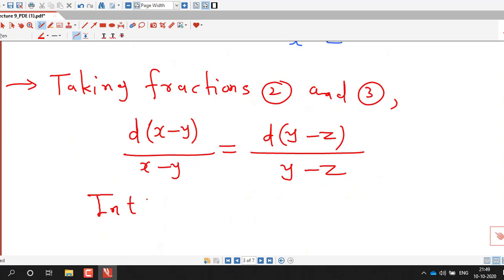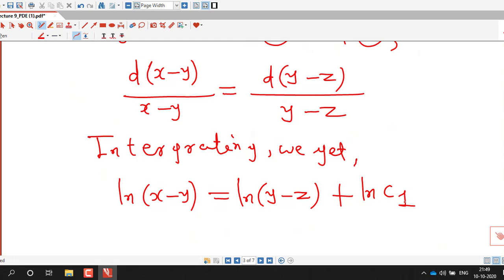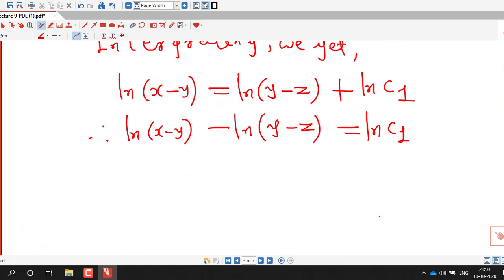So if we integrate, we get: integral of d of x minus y divided by x minus y is log of x minus y, and this is log of y minus z, and the constant of integration can be adjusted as log c1. So we can rewrite this as log of x minus y minus log of y minus z equal to log of c1.